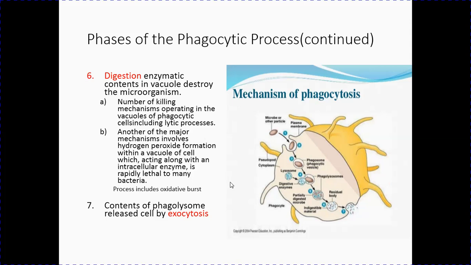A number of different killing mechanisms can take place to kill the microbe inside the vacuole. One might be the lytic, enzymatic process that we just talked about, but another involves the formation of hydrogen peroxide inside the phagosome.